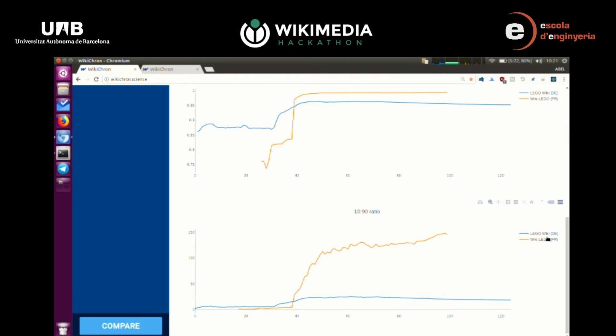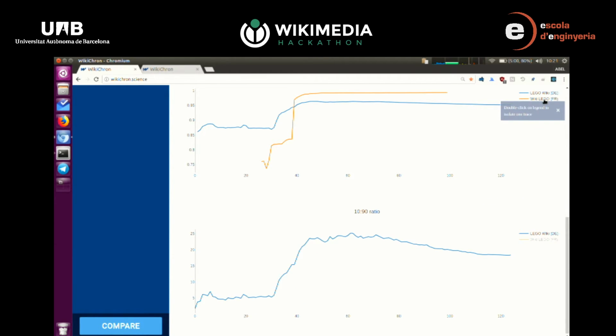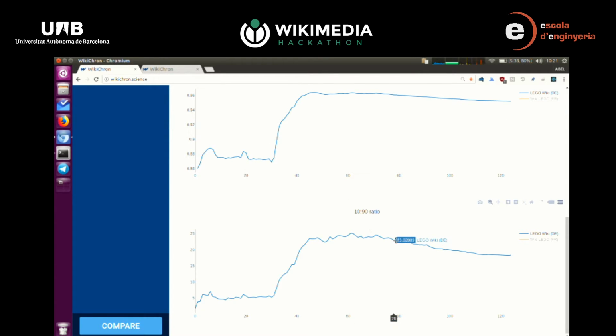So if we want to see the difference, here we see that actually the wiki goes down at some point. So it means that at some point there is less concentration of work, or maybe there is less work.